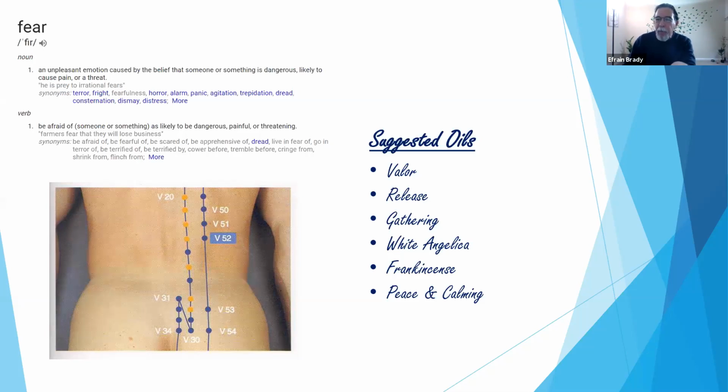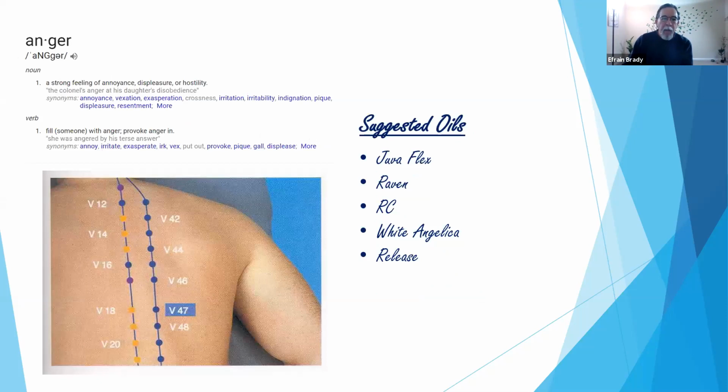Do you have something else to say, Andrea? No? Okay. The next emotion we're going to discuss is anger, and Ephraim will definitely talk more about that, but some oils that we talked about that are really great to use in association with the acupoint would be Juvaflex, which was actually a free oil that we recently got with Young Living.